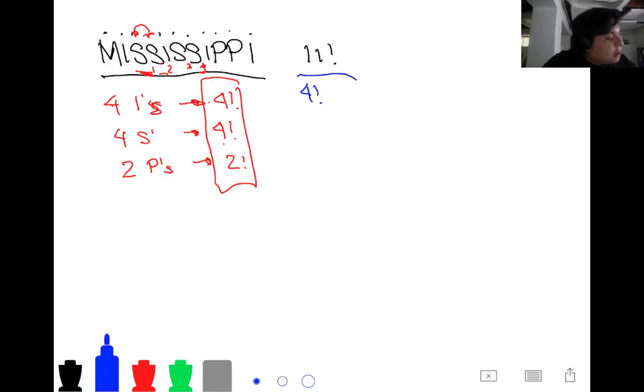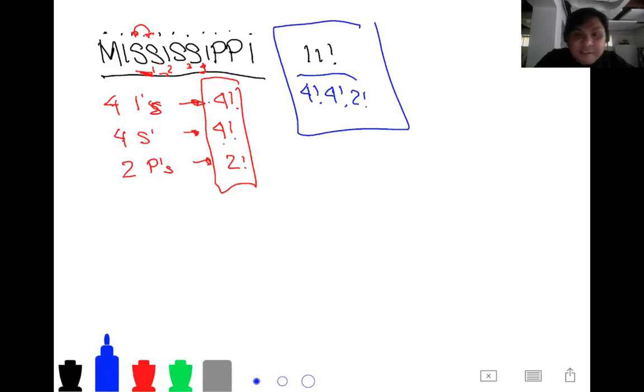You also have to divide it again by 4 factorial, because this 4 factorial removes the number of ways that you can arrange the S. And then finally, you divide it also by 2 factorial to remove the number of ways that you can arrange the P's. Thus, the total number of arrangements that you can have for Mississippi is simply 11 factorial divided by 4 factorial, 4 factorial, and 2 factorial.